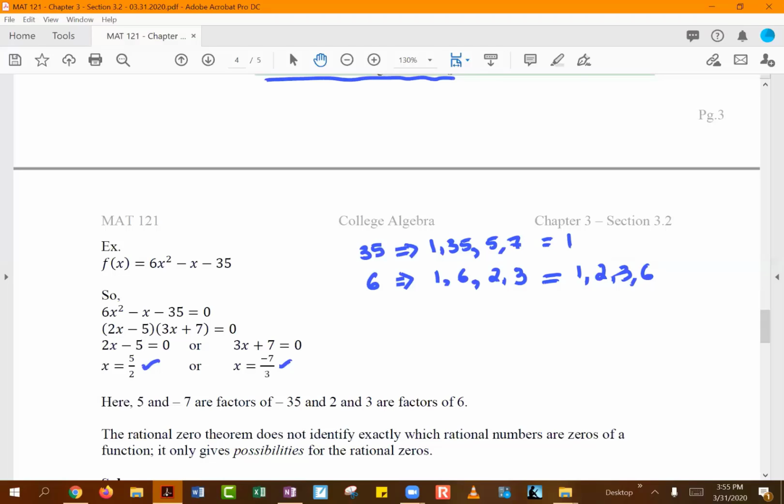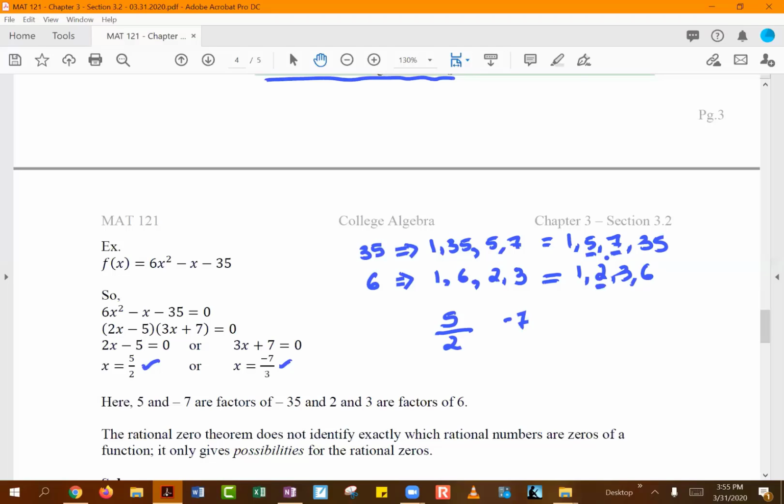So you can write that as 1, 5, 7, and 35. So if you look at these two factors that you came up with, you have 5 over 2. So that's the 5 that's coming from here, which is from the 35. The 2, which is coming from the factors of 6. Your negative 7 is actually coming from here.